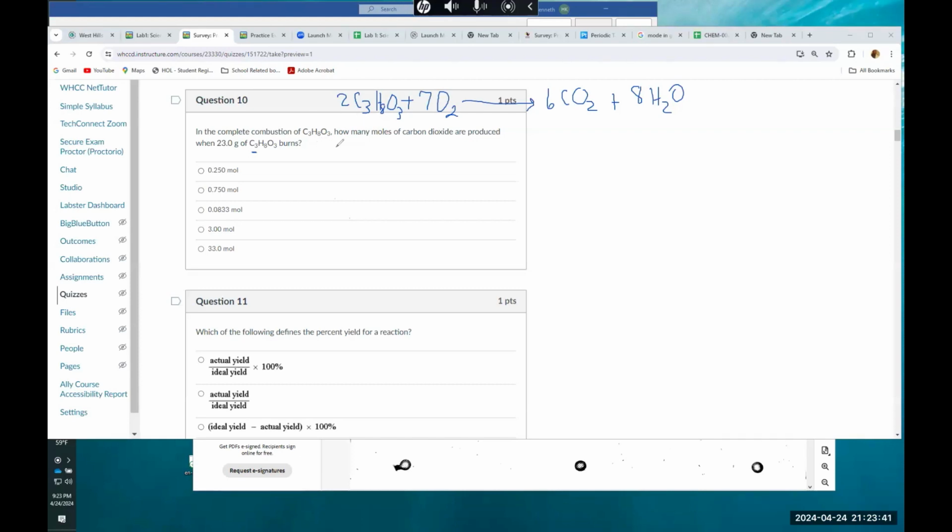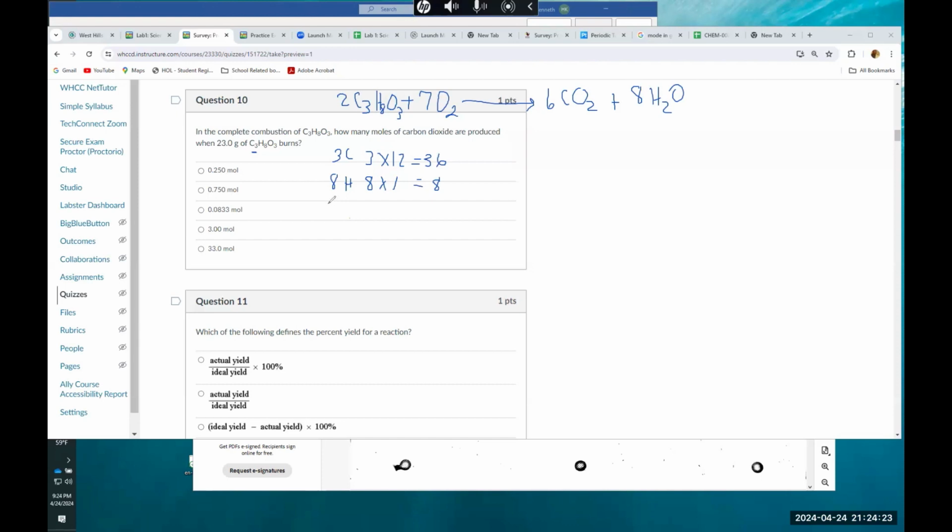Okay, so let's go ahead. We have 3 carbon, so that's going to be 3 times 12, that's 36. Okay, how many hydrogens? 8, and it's times 1. 8 times 1 is 8.